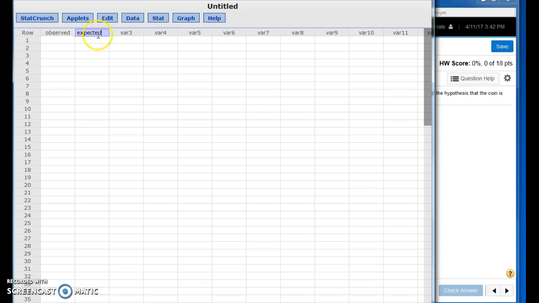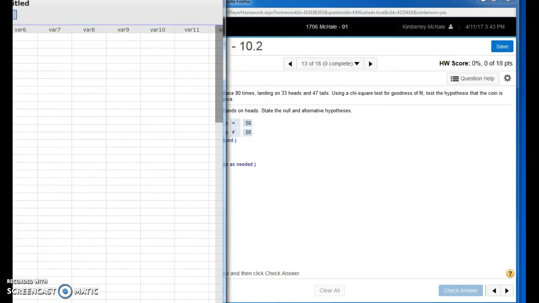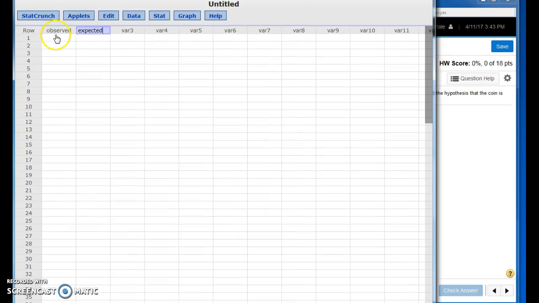Remember that chi-square is going to test whether my observed information meets what I would expect. In this case, I had 33 heads and 47 tails. What I would expect to happen is to have 40 heads and 40 tails.